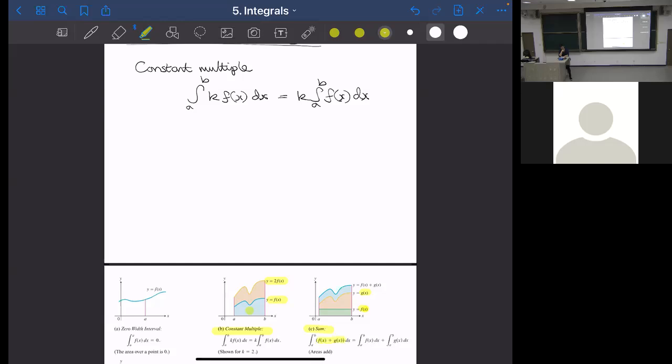So if I add them together, then I have to add two integrals together. And that makes sense from the picture because areas add.